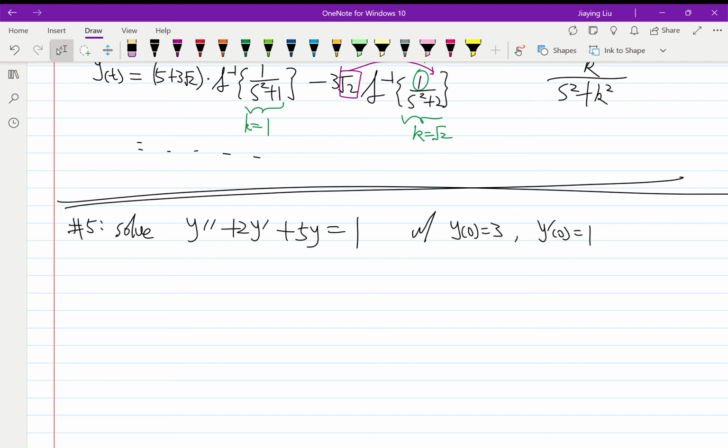Again, I'm going to be a bit lazy not showing you all the work in the beginning. So if you do everything correctly, at some point you're going to end up with capital Y of S equals 1 plus 7S divided by S times S squared plus 2S plus 5.